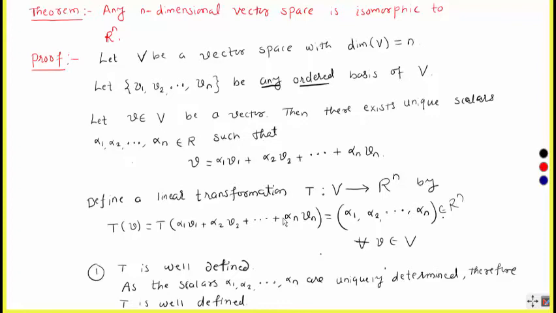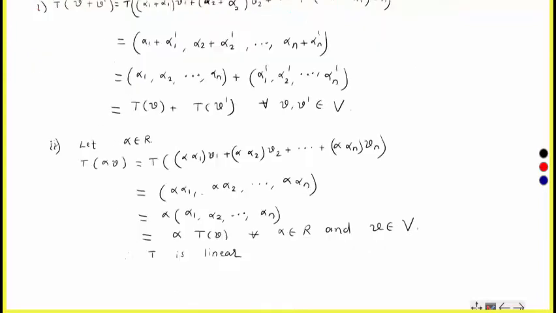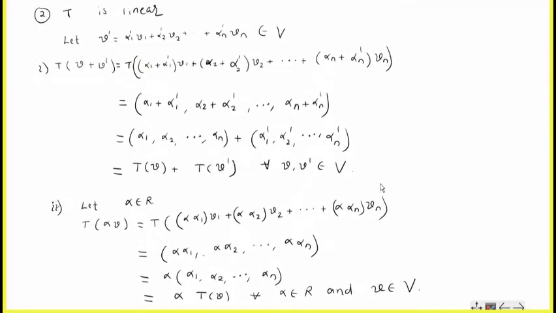If this is a vector v and v can be written like this, then this is unique. So this is a well-defined transformation. Now we are going to prove that this transformation is linear. This is a map, this is a well-defined map.